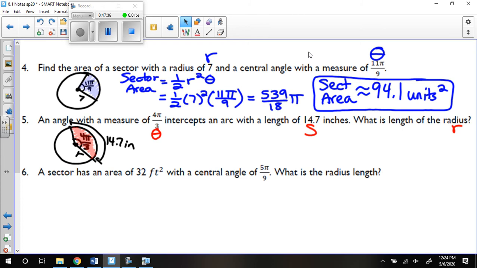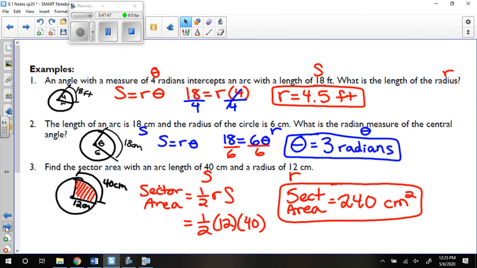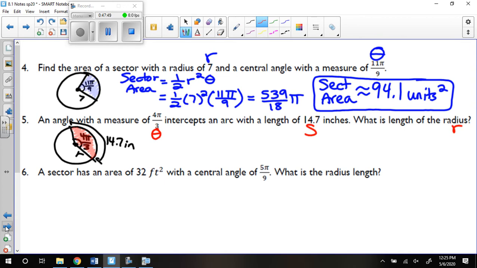So we're looking for our formula that has S, R, and theta in it, which is our arc length formula here in red. S equals R theta.